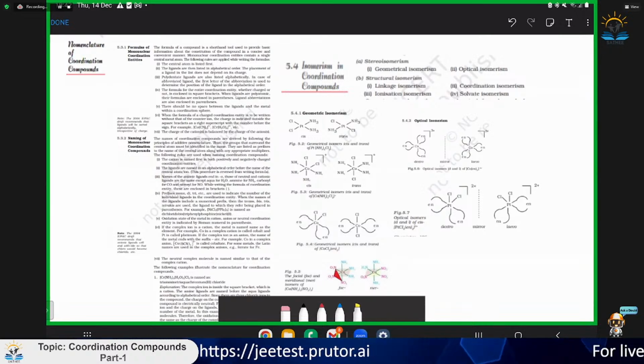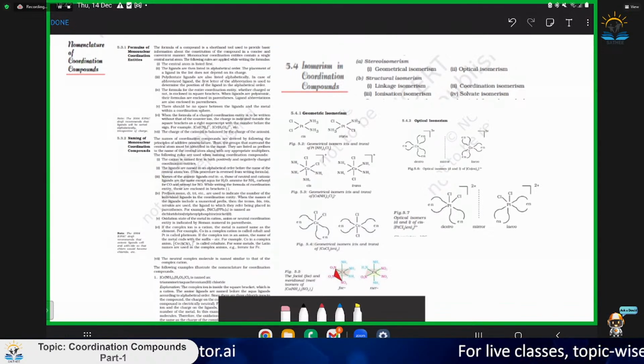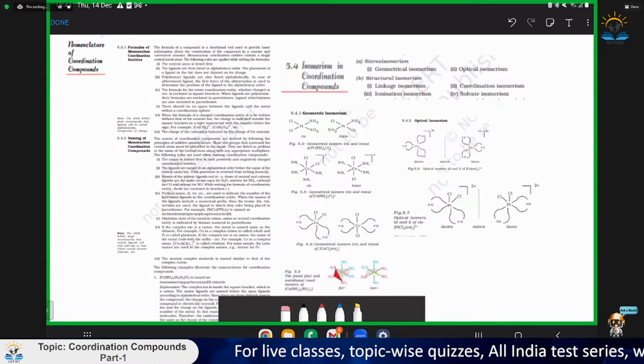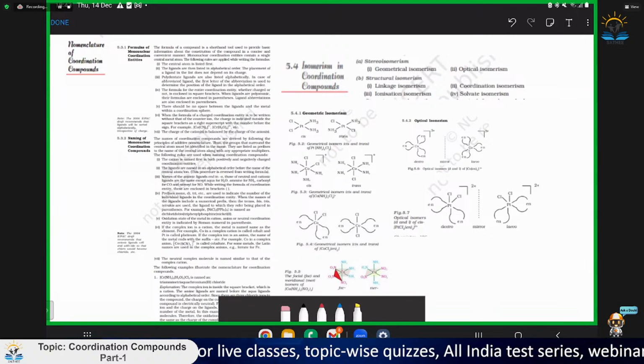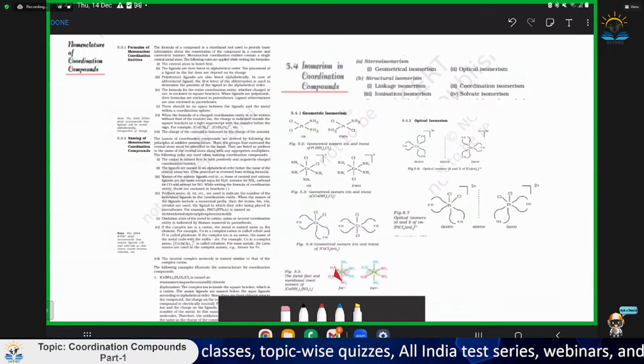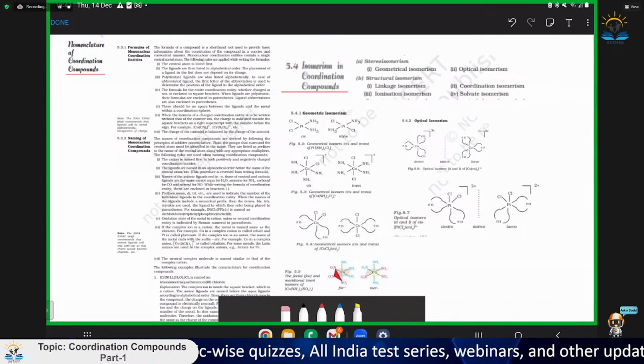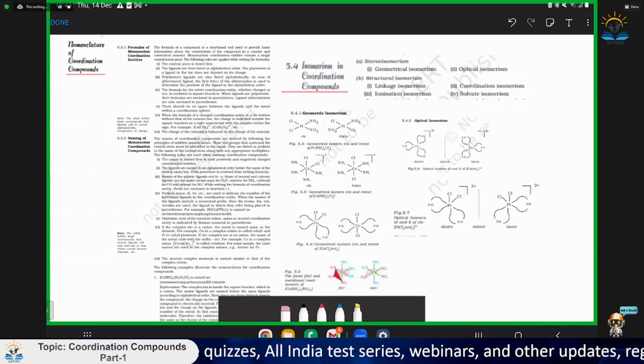When ligands are polyatomic, the formulas are enclosed in parentheses. Ligand abbreviations are also enclosed in parentheses. So these are rules, I'm just narrating. There should be no space between ligands and the metals within a coordination sphere when you are writing.